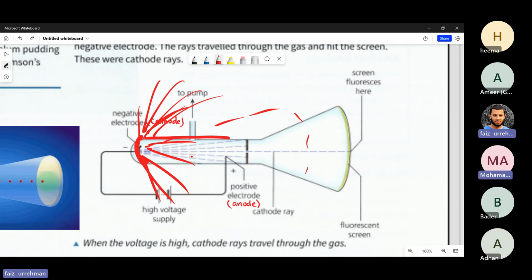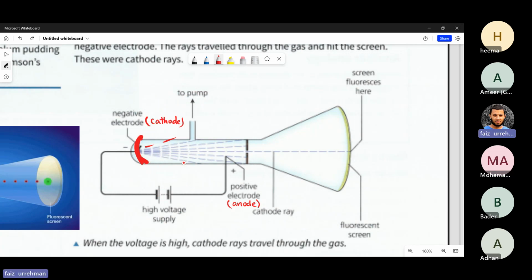Whatever is happening inside, you cannot have it outside. Why are they moving in the right direction? Because you have a positive electrode, I am using the magnet example only for that. That's why it's known as anode. That's why these electrons are coming here. And because you have a small hole here, they penetrate and hit the screen.